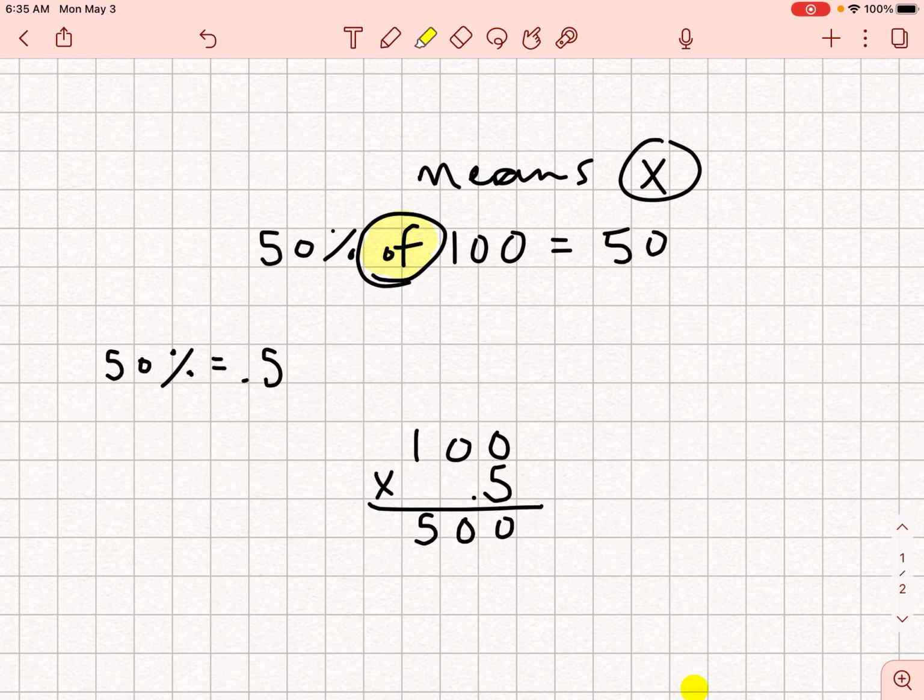And then I count how many numbers are after a decimal in the problem. I see there's one number after the decimal, so I'll move the decimal one time in my answer. And I have 50 and 0/10, or I could just say 50. It's like saying $50 and no cents or something. So my answer here is 50.